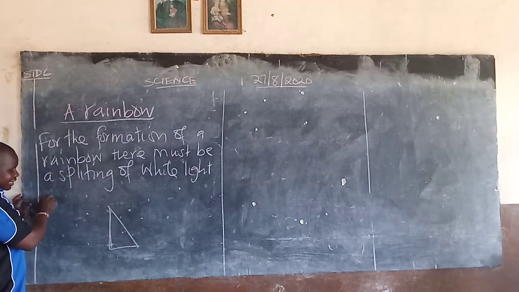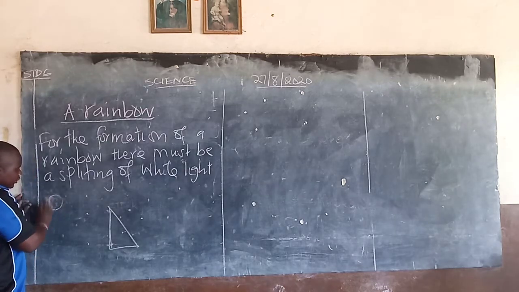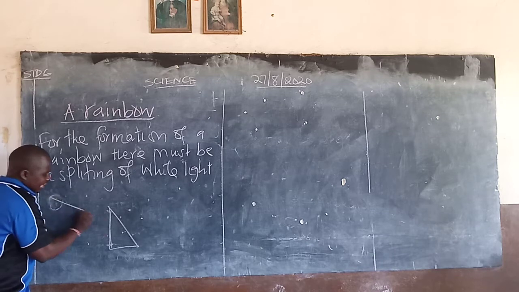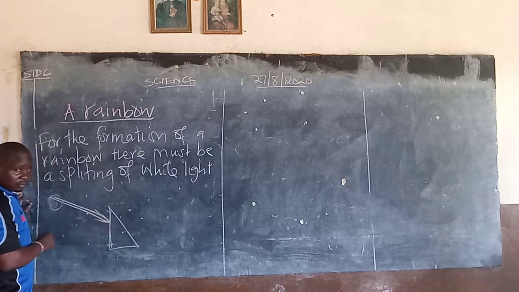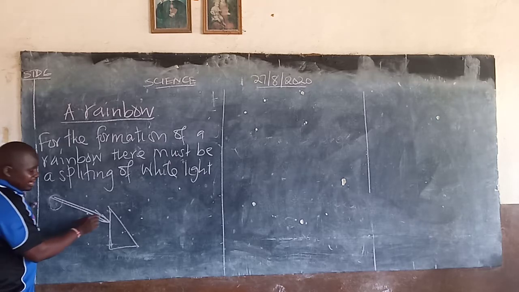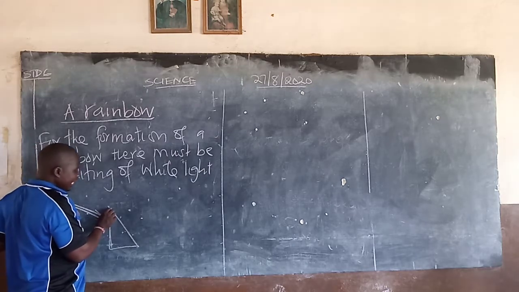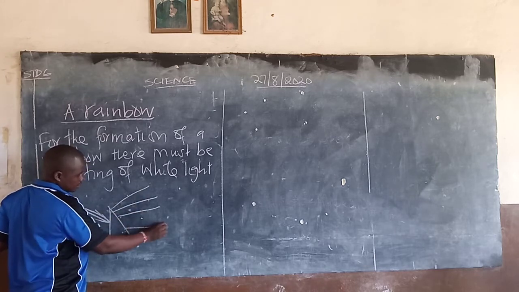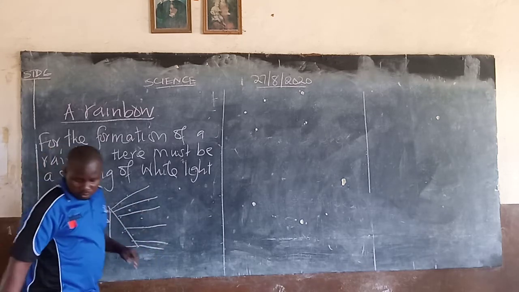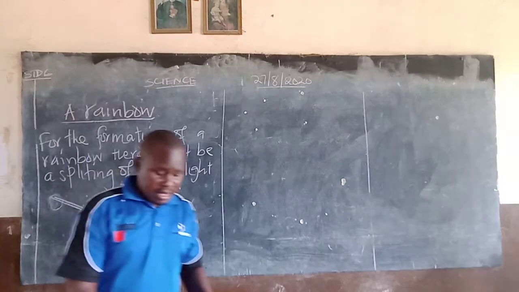If the light strikes here, this is the sun, for example, the source of light. If the light strikes here, those are the rays, and then the light will be split.